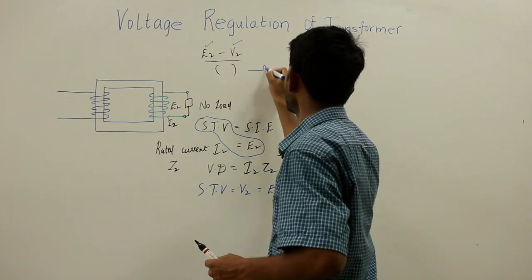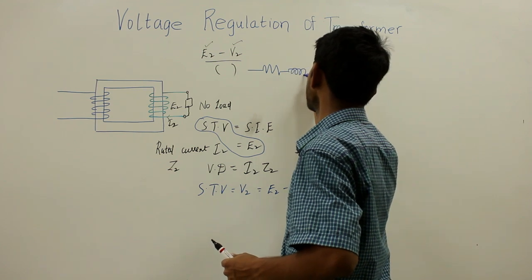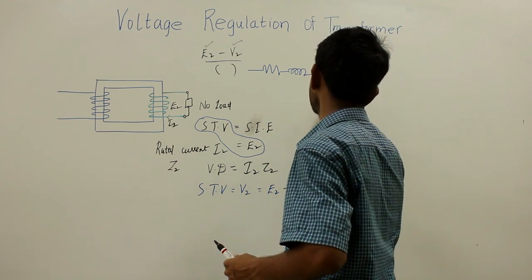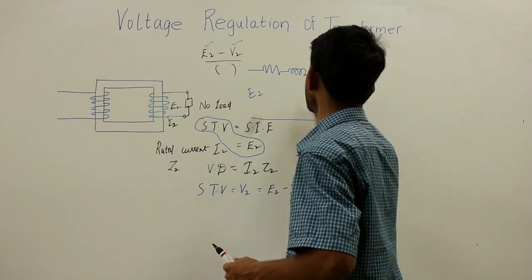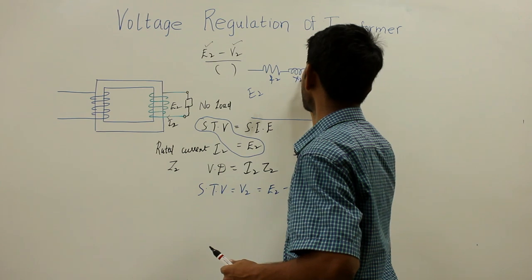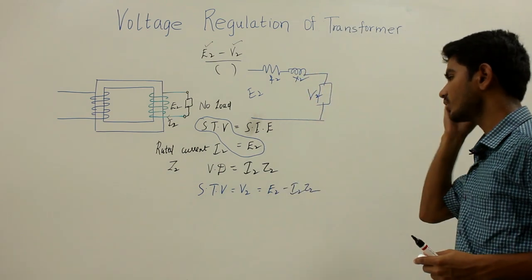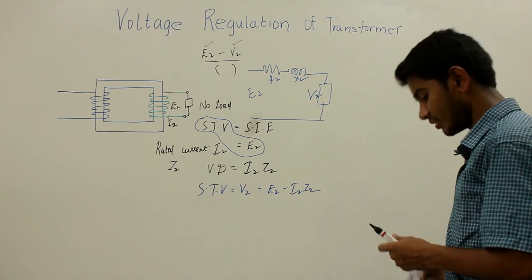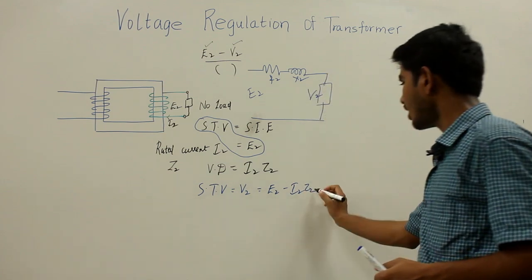Your circuit will be: this is the secondary resistance R2, this is X2, here this is your load, this is E2 and this is V2. So this is basically how your circuit looks when you connect a load to the secondary circuit terminals. So here we have seen V2 is E2 minus I2 Z2.